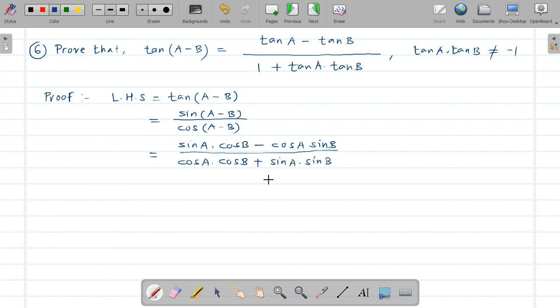Now again if you observe carefully, we have to divide the numerator and denominator by cos A into cos B. Just think here, observe here, then you will get the idea to divide the numerator and denominator by cos A into cos B. Now divide every term.